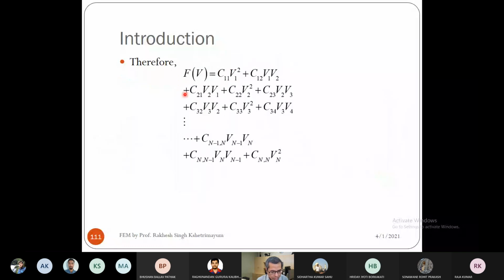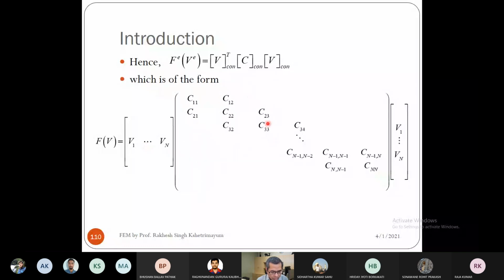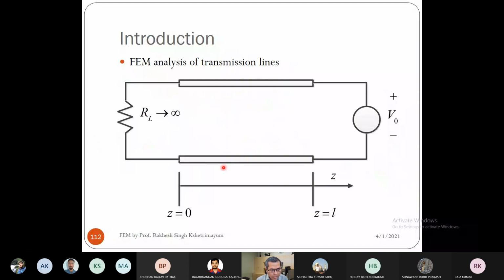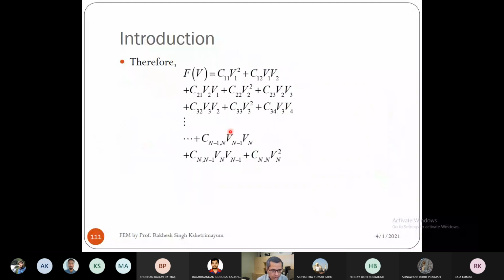When you multiply this vector with this matrix and this vector here, then finally your expression would be of this form here. And what are we trying to find here? We're trying to find the voltages B1, B2 up to Bn.